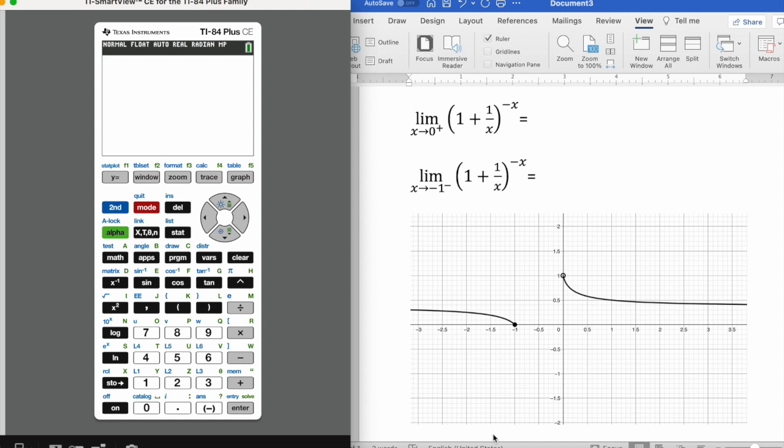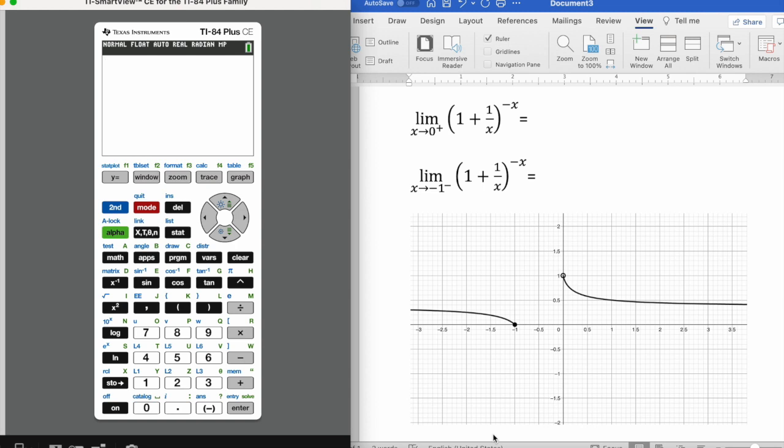If you notice, the value doesn't exist there because we have the open circle that indicates there's no value there. But as you know, the limit can still exist even if the value doesn't exist. We need only be approaching that value. The function value does not have to actually exist at that point.